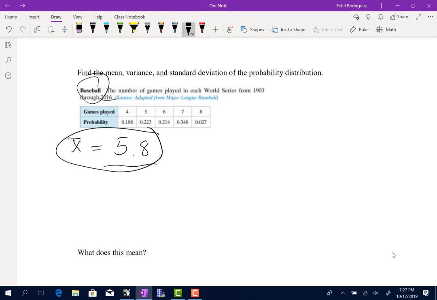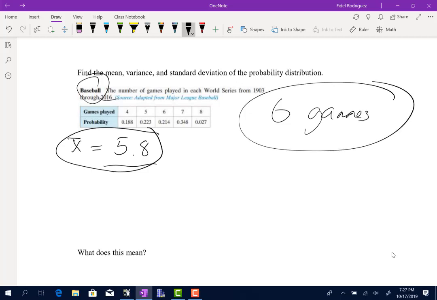Okay, so we would probably say it's closer to how many games? 6 games, right? We could say something like 5 or 6 because it is 5 point something, but we're just trying to get sort of an idea here. Okay, then the second part is what does this mean? Well, number 1 tells us we had about 6 games per World Series.